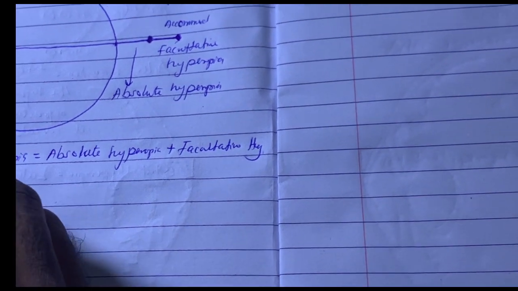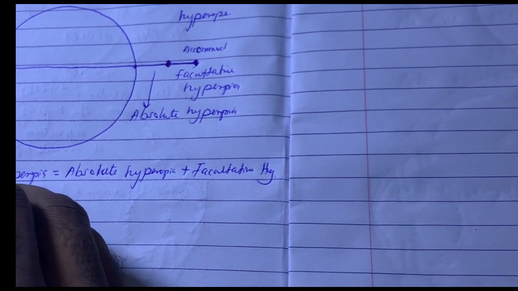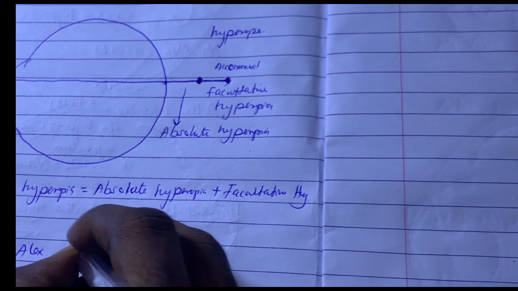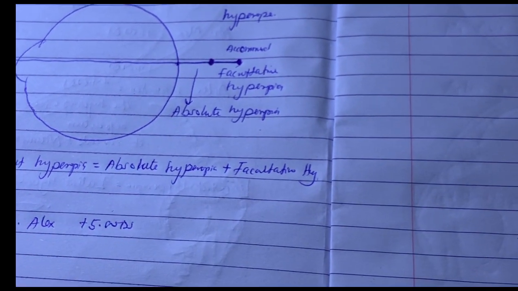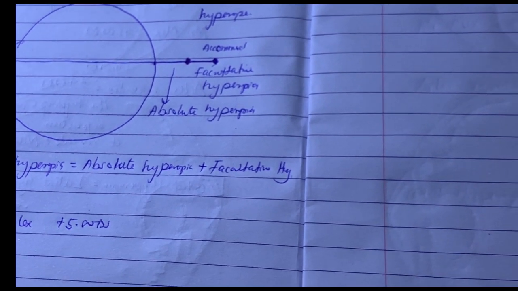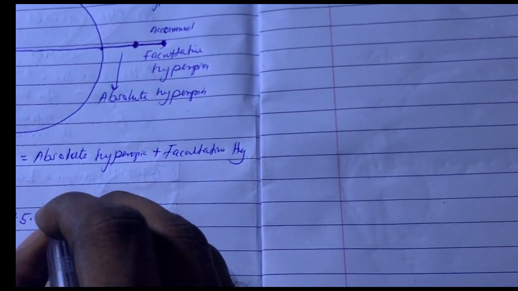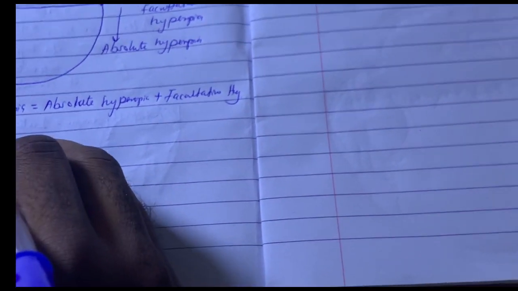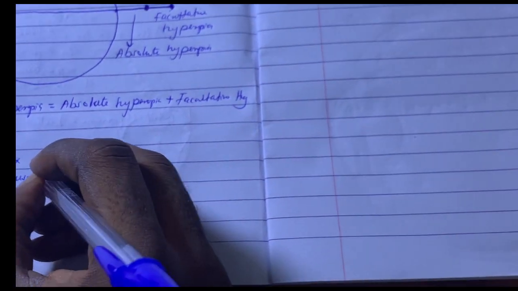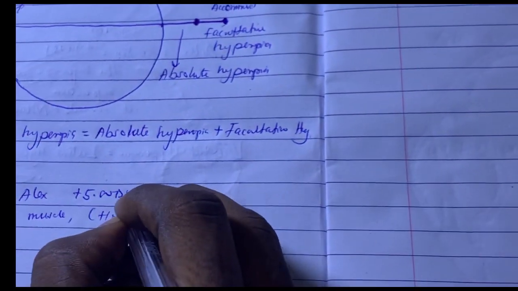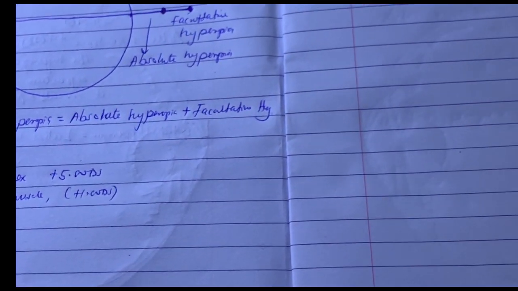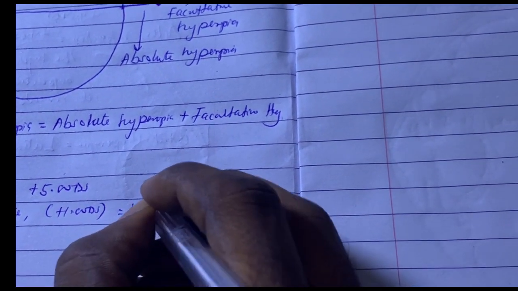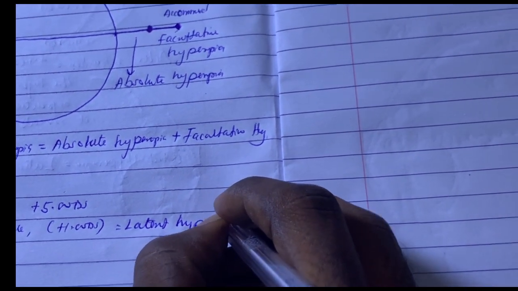In summary, take Mr. Alex, who has hyperopia of +5 diopters. With accommodation, the ciliary muscle corrects +1, and that is called latent hyperopia.